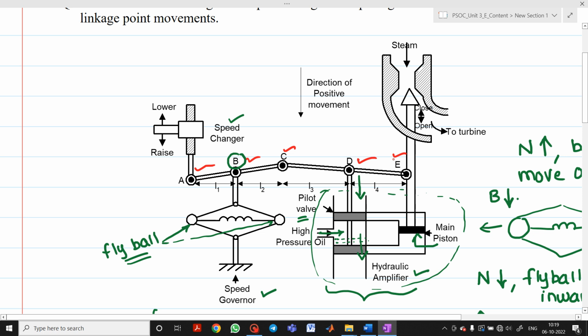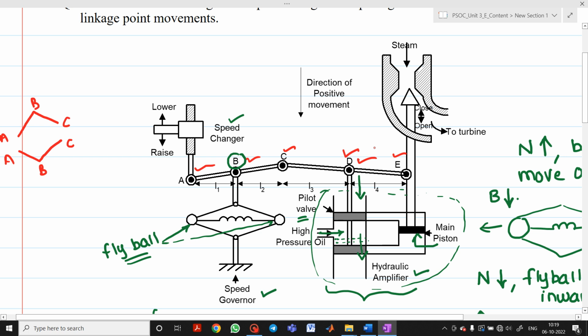The ABC link is pivoted at B. Pivoted at B means what? It will move like this, or it will move like this. This is your A, this will be B, this is C. Pivoted means it is fixed at point B. And similarly, CDE is the other linking mechanism, which is pivoted centrally.